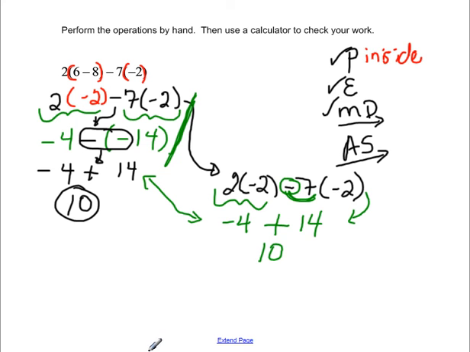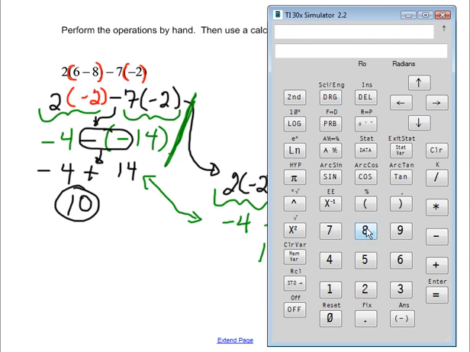So let's go ahead and check our answer on the calculator. So we want to be sure we're using parentheses on our calculator. So 2, and that's going to be multiplied by the parentheses, so I want to use my multiplication sign. Calculators don't always like juxtaposition, so we're going to put in the multiplication sign, parentheses, 6 minus 8, and then close the parentheses. Notice I'm just putting in the whole problem here.